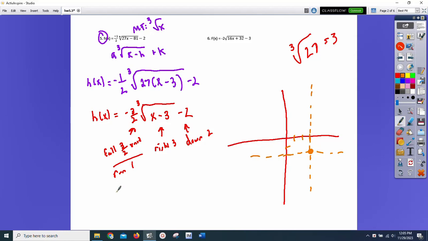Now, negative 3/2 is like negative 1.5, isn't it? So I get to fall a unit and a half. It'll be somewhere around there, and I run 1. Oh, it was negative, wasn't it? Oops. I almost messed up. It was negative.